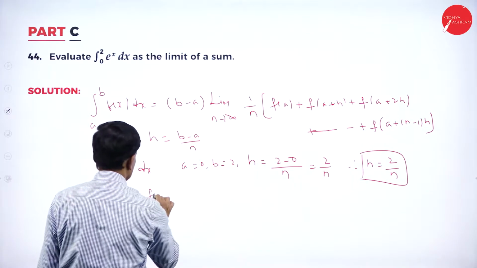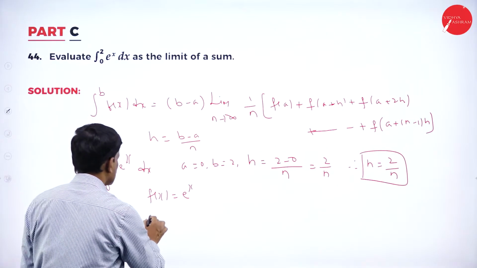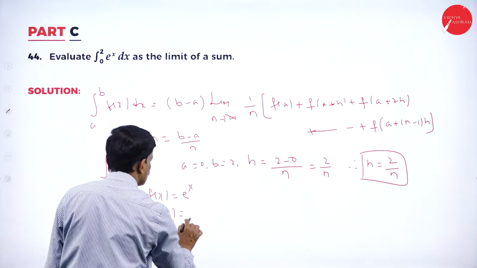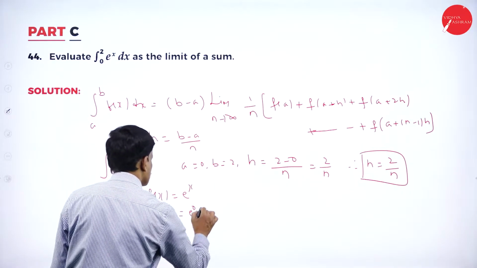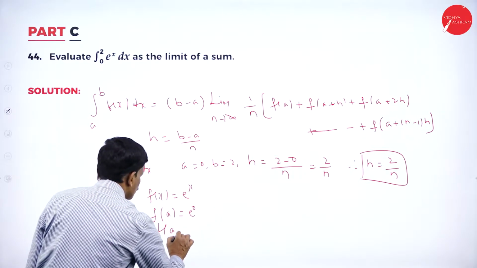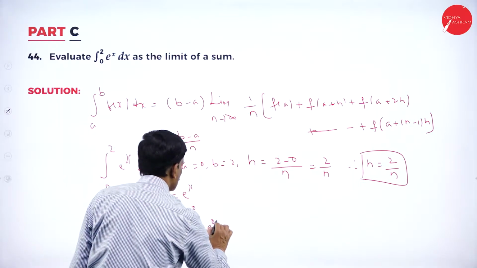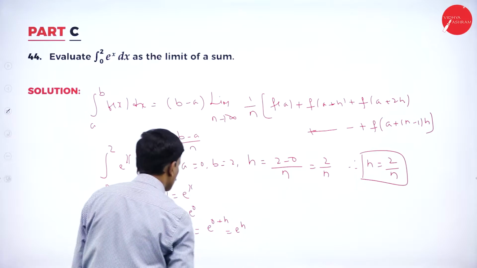Now, what is f of x here? f of x is nothing but e to the power of x. Now just substitute. f of a is nothing but e to the power of a, and a is equal to 0, so e raised to 0. Similarly, f of a plus h is e to the power of 0 plus h, which is nothing but e to the power of h.